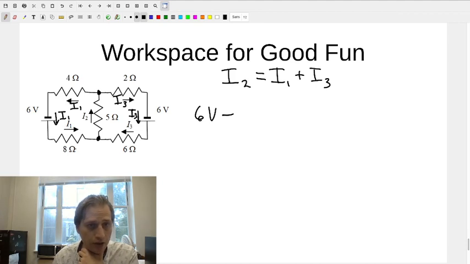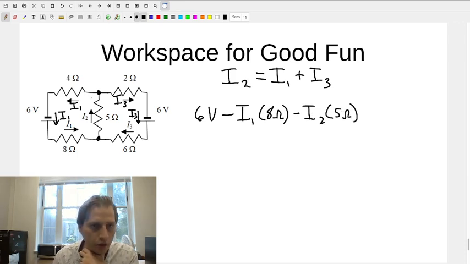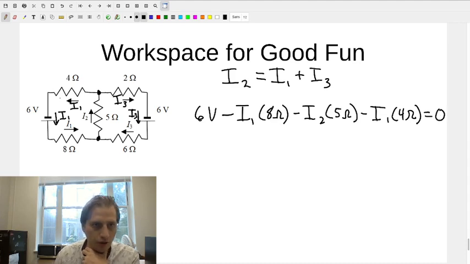So I1 times 8 ohms. This is going through the resistor in the direction of the current, so it's going to be minus I2 times 5 ohms. And then we're going to finish our loop up right here, minus I1 times 4 ohms equals 0.